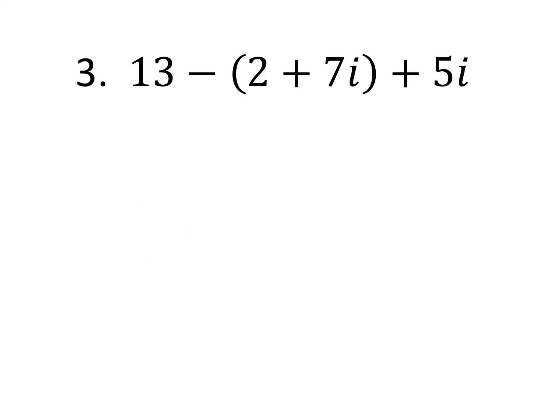Please look at number 3. Am I distributing the 13? No. What am I distributing? There is a negative, and it could be a negative 1 if that helps you. You don't have to put a 1 there. So I would just bring down the 13.